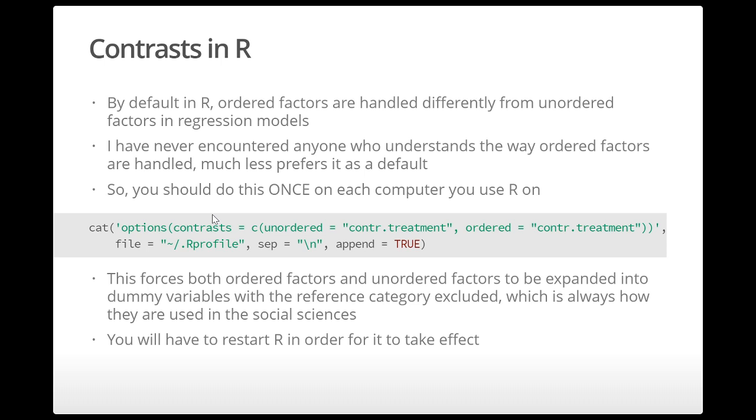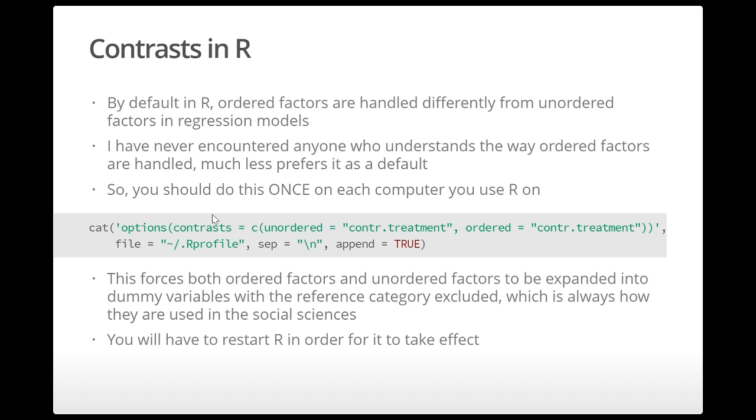I have never found anyone who could give the definition of what those are, or why they should be the default, or why they should be different from the way dummy variables are handled for unordered factors, which is the usual way we think about it in social science: a dummy variable, and then the reference category gets excluded, whatever is the lowest one.